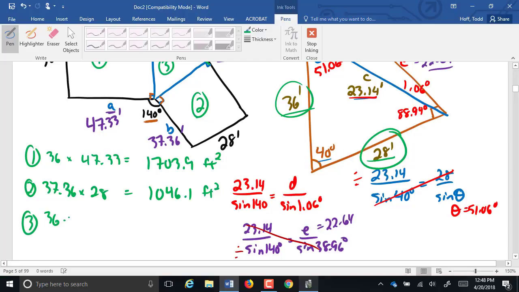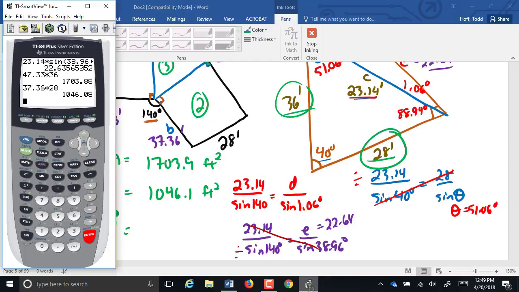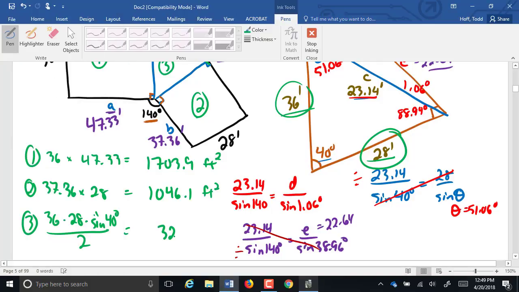So 36 times 28 times the sine of 40 degrees over 2. 324 we'll call it, 324.0.